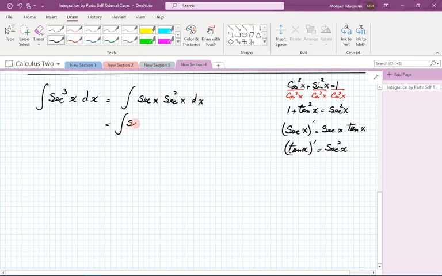We have to replace secant squared by 1 plus tan squared, and then of course I can multiply and add the two integrals. So I write the first one and the second one.